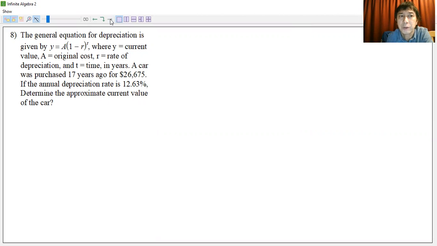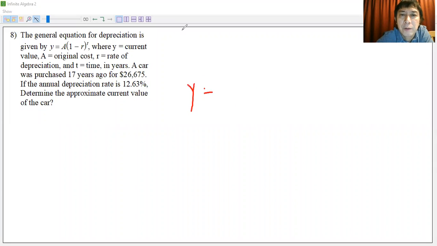So y is equal to the original cost times the quantity 1 minus r raised to t, okay? All right, so where y is equal to current value. So A is the original cost, R is the rate of depreciation, and T is equal to time in years. So the formula is given here.